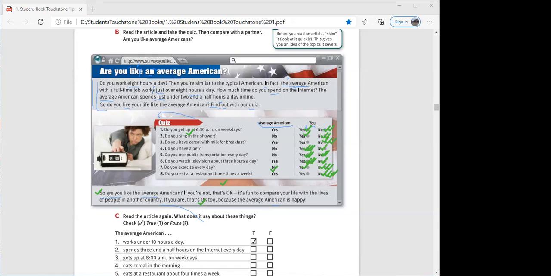So are you like the average American? If you are not, that's okay. It's fun to compare your life with the lives of people in another country. If you are, that's okay too, because the average American is happy.